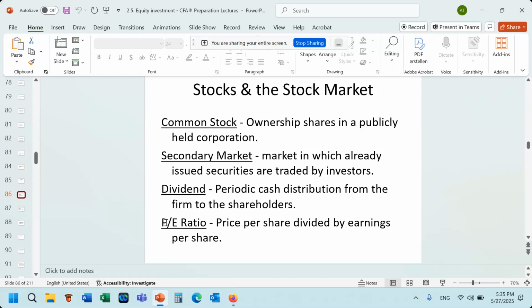We go to the price and we look at earnings per share. So we go to the income statement and divide the net income by the number of shares and we get earnings per share, and then we get the stock price and divide it by earnings per share.